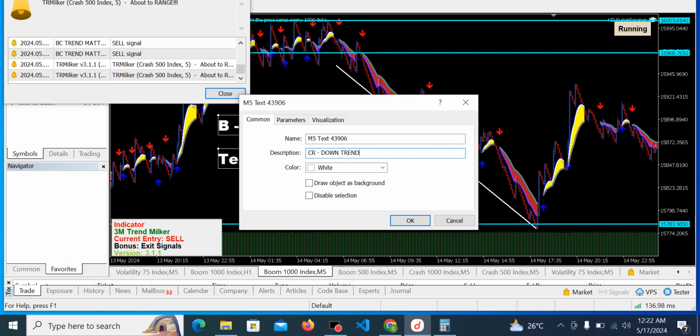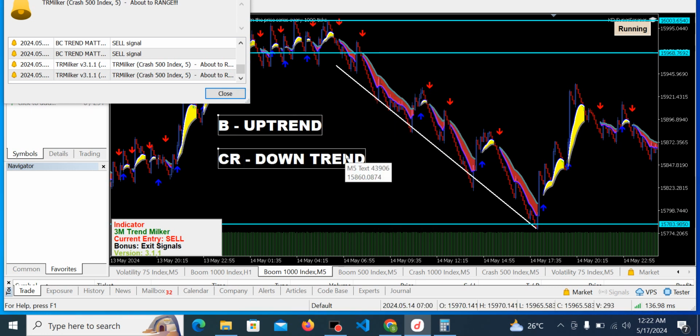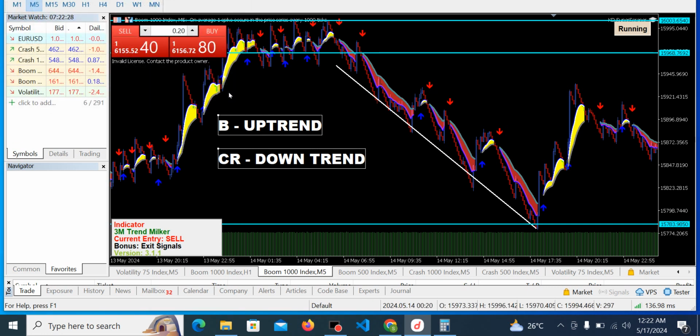Another thing you need to understand is that when you are trading spikes in boom, it usually occurs at the support zone, while for crash it usually occurs at the resistance zone. So you should be able to identify all these.